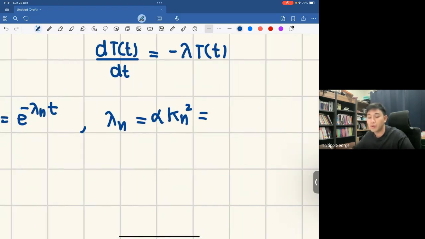We already know this is going to be alpha times n pi over 10 squared.